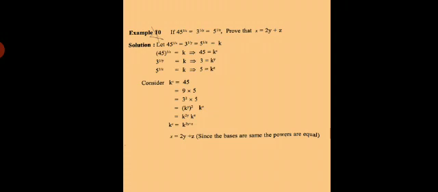So in the first step you take the xth root, in the second step take the yth root, in the third step take the zth root, so that your conditions' powers will be shifted to k. Okay, so you get 45 is equal to k raised to x, 3 is equal to k raised to y, 5 is equal to k raised to z.